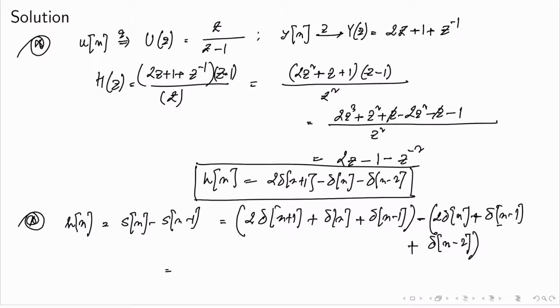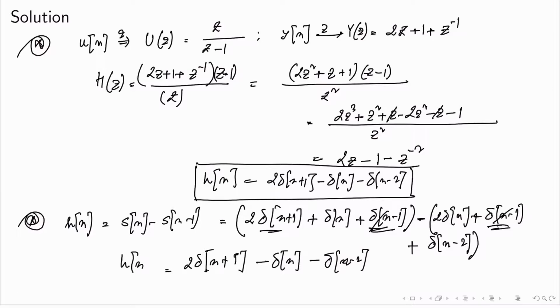So it will be 2 delta of n plus 1 plus delta of n minus 2 delta of n, so it will be minus delta of n, minus delta of n plus 1. Delta of n plus 1 cancels with minus delta of n plus 1, and finally we are left with minus delta of n minus 2.